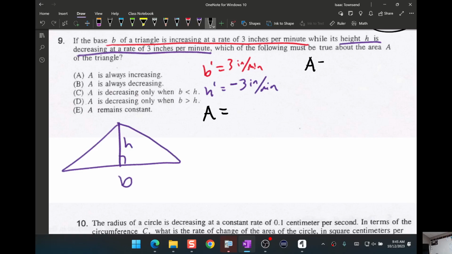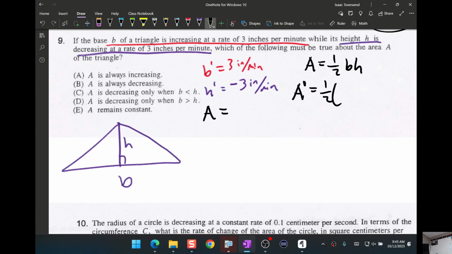My guess would be the area of a triangle formula, 1/2 base times height. If I want to know how the area is changing, increasing, decreasing, all that kind of stuff, I care about A prime, its rate.